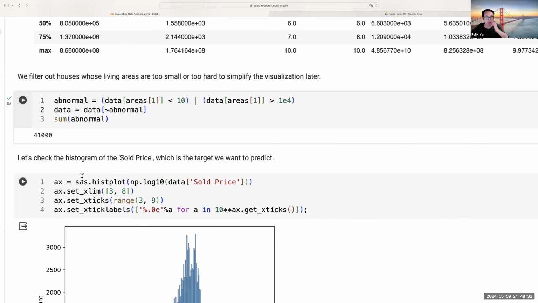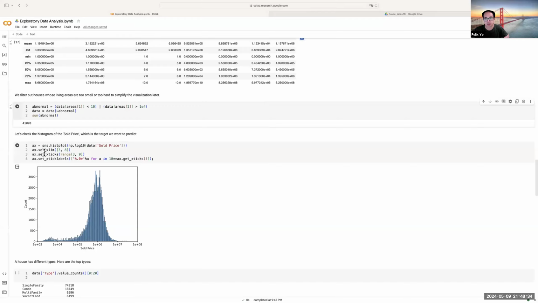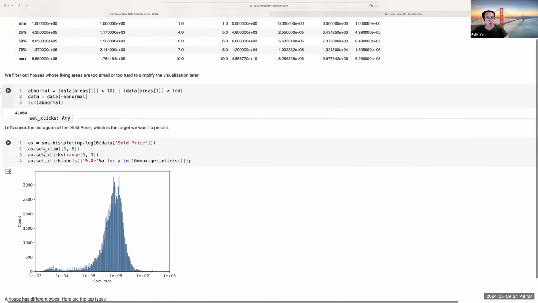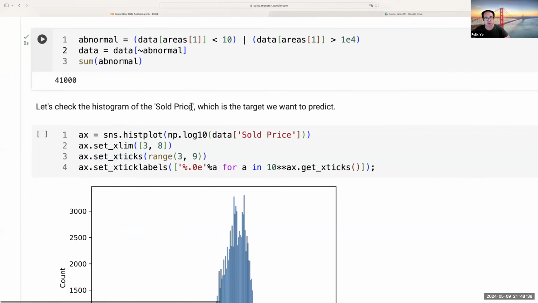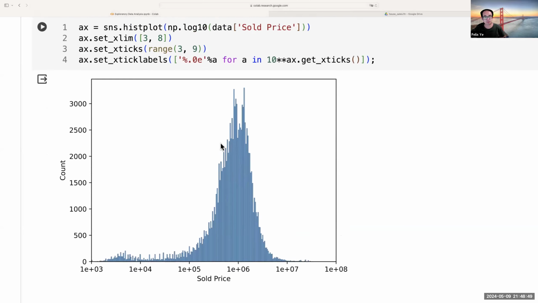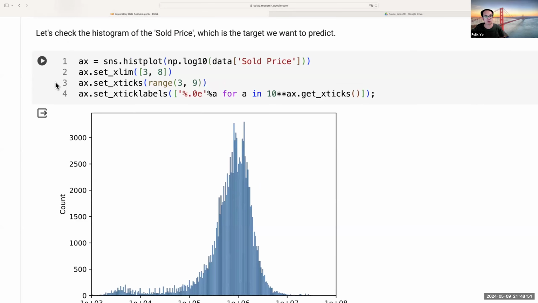Okay, so then what we're going to do is check the histogram of the sold price. This is our target that we want to predict, right? So the first thing, if we want to predict the sold price, is to make a histogram for that.